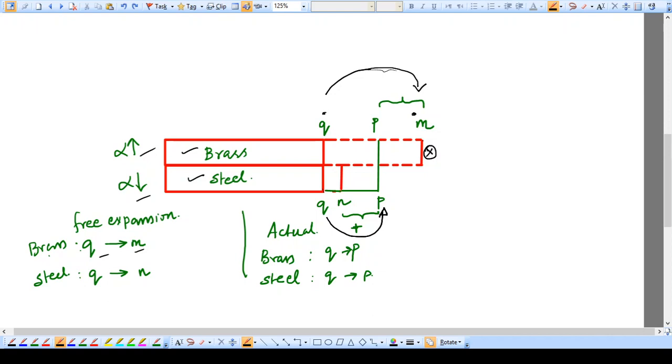Till this point the brass expands and till this point the steel expands.